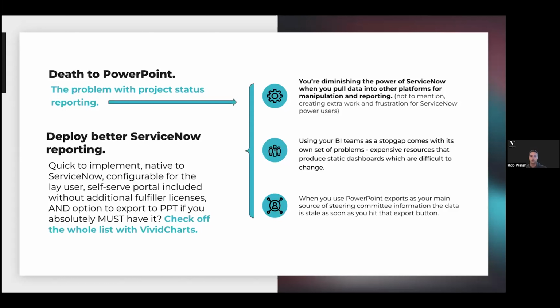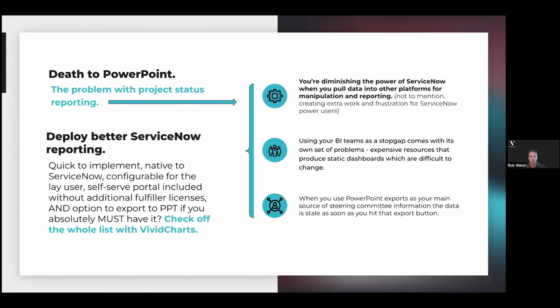We also hear about going to BI teams, which comes with different hidden costs in terms of setup, data quality, and the refresh cadence itself. So when you're doing things in the platform, you're getting the freshest data, you're able to make updates and refresh on the fly, which you'll see.